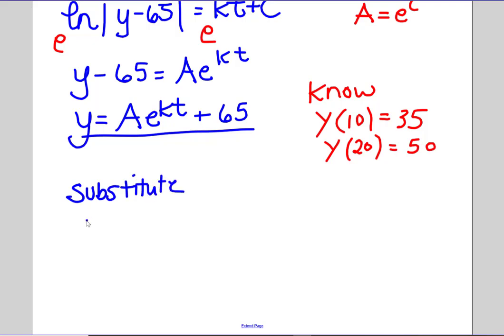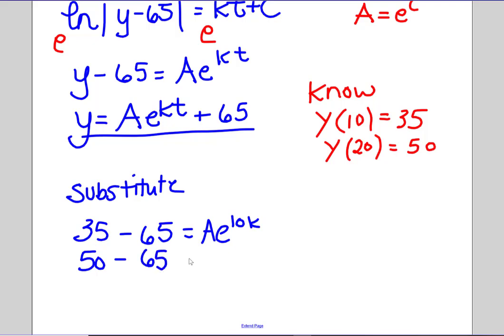we can find that 35 minus 65 is equal to a e to the 10k, and we know that 50 minus 65 is equal to a e to the 20k.